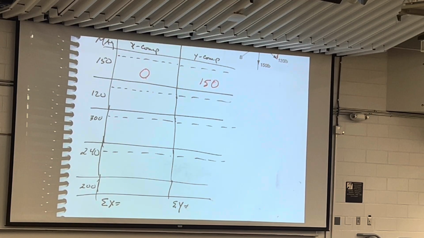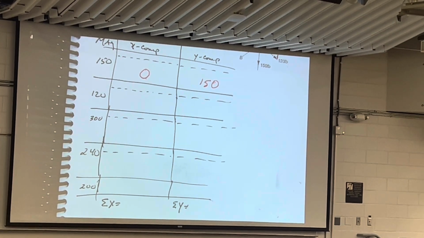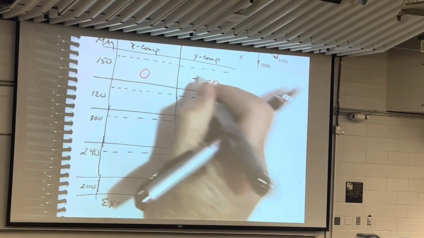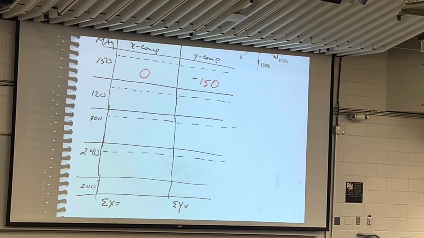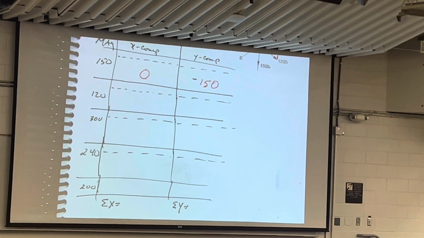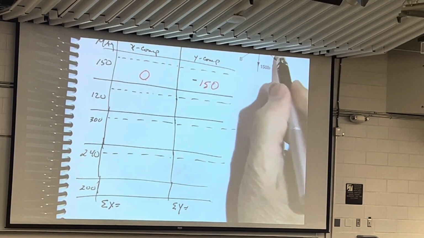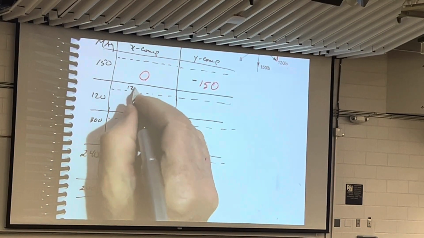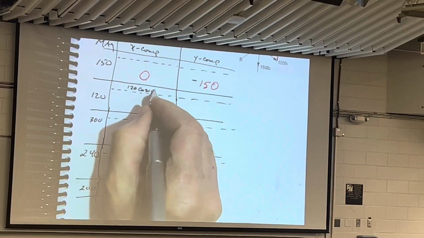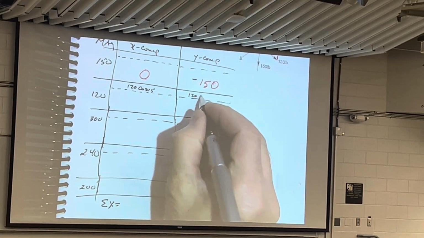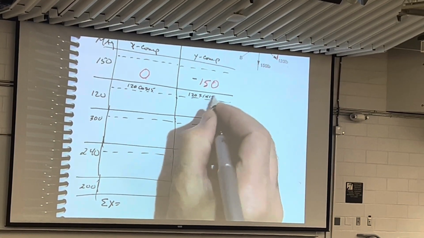So for you, paying attention to details is, hey, don't forget the damn minus sign. So here, I've got to put in a minus sign or else I'm going to be wrong instantly. This is going to say 120 cosine 15, 120 sine of 15.